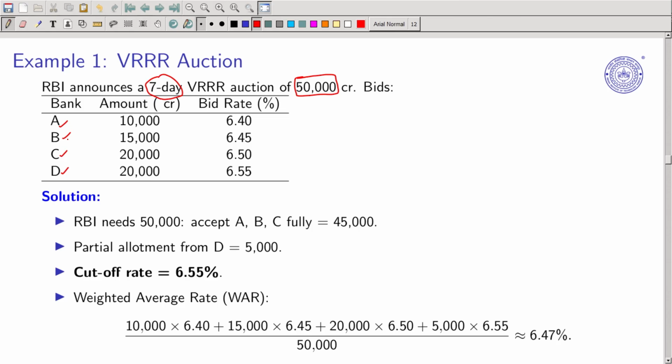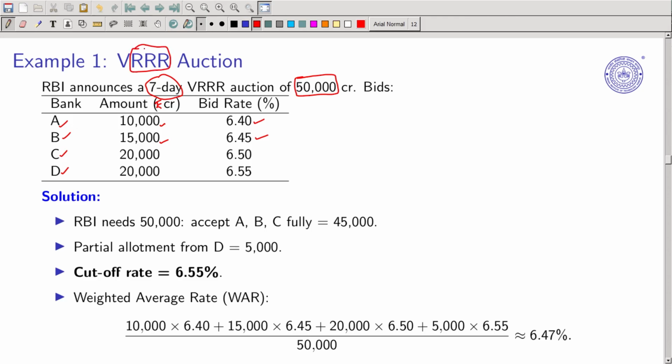The first bank quotes 10,000 crore rupees and quotes the bidding rate at 6.40. Now, the second bank is bidding for 15,000 crore and quoting at 6.45, and remember here we are talking about reverse repo, VRRR.